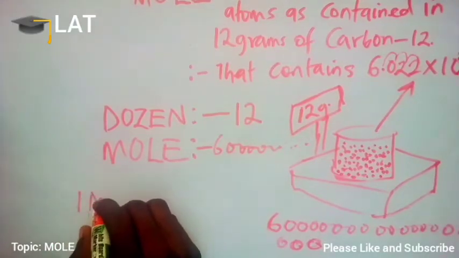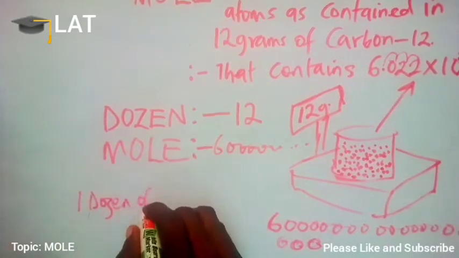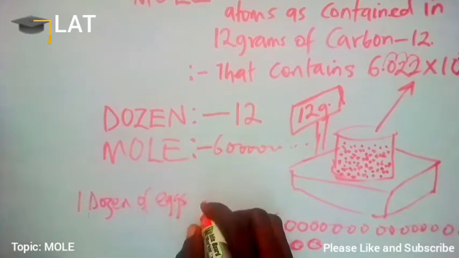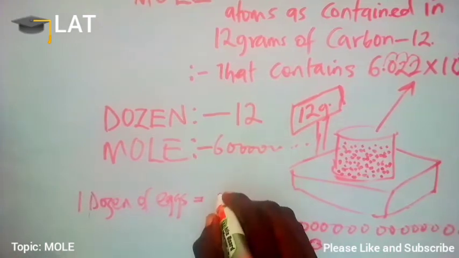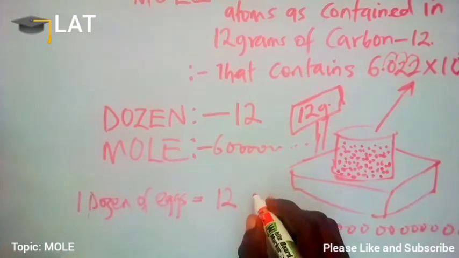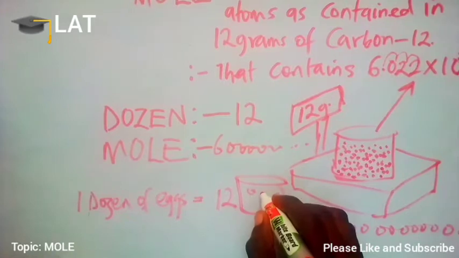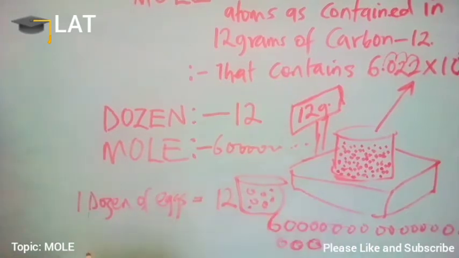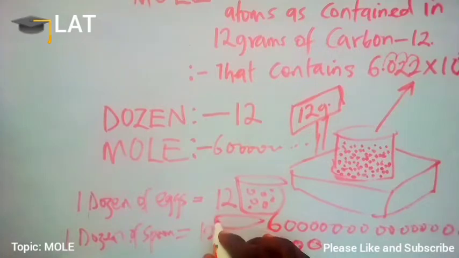And you agree with me that 1 dozen of eggs, you get 12 eggs. Let's say this is the bowl, you get 12 eggs inside. And 1 dozen of spoons, you see 12 spoons inside the bowl, right?